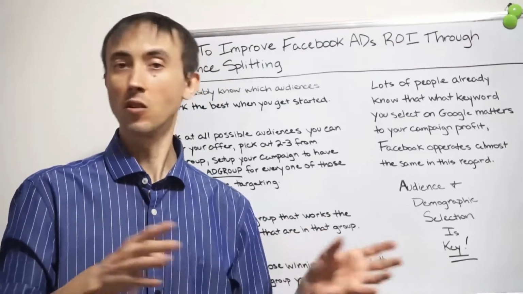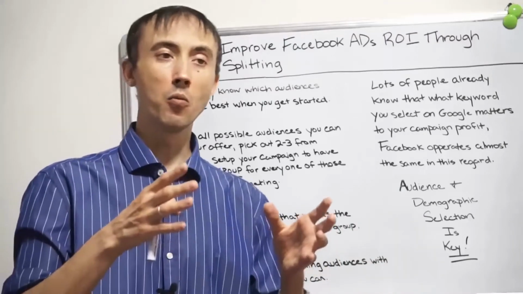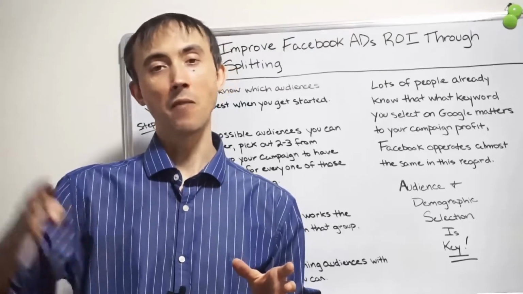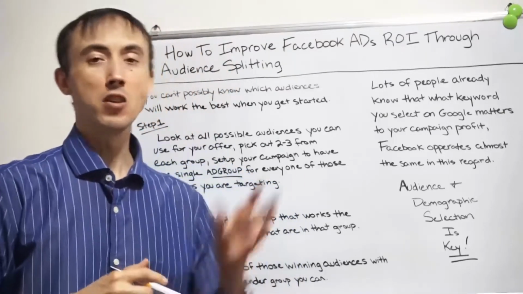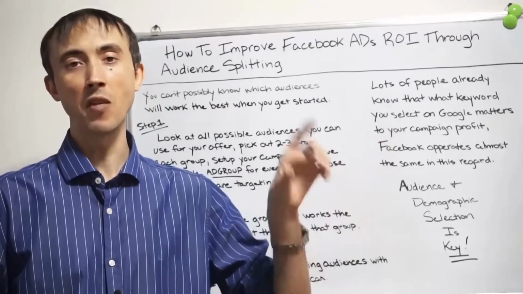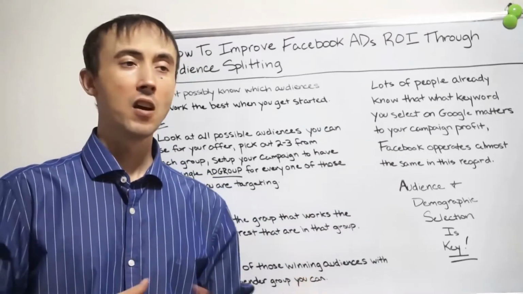If you're tracking leads, you only track the leads, and from that you can figure out what your cost per lead needs to be to probably make money. After you figure out your close rates and all that, you calculate all that stuff up front, and then you run your campaign and see which of your audiences get you to that cost per lead, or cost per sale, or ROI that you need at the end of the day.